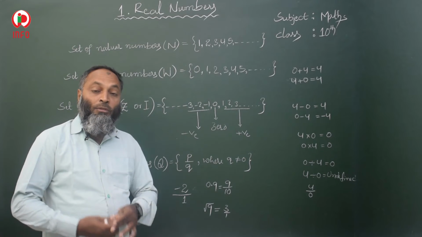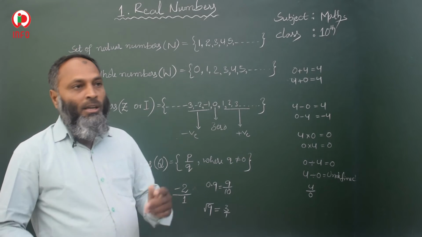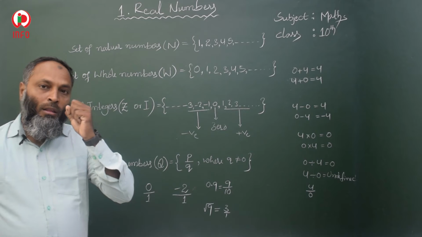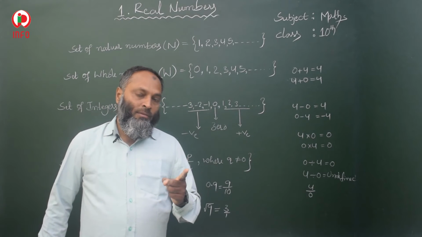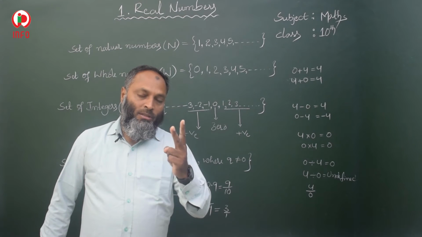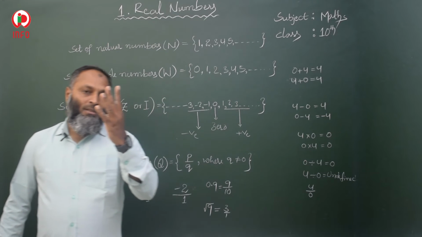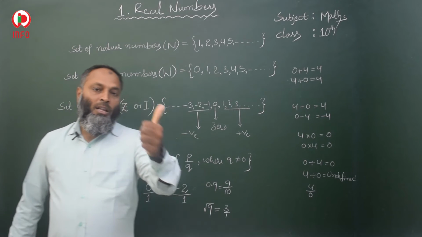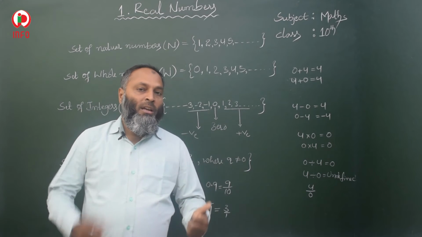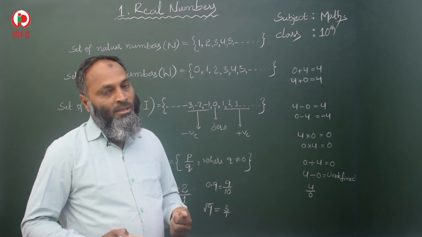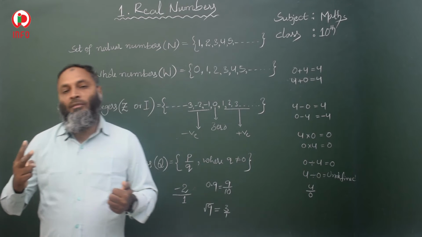So what types of numbers are rational numbers? All natural numbers, all whole numbers, all integers are rational numbers. All decimal numbers, terminating decimals and non-terminating decimals, are rational numbers. Perfect square numbers are rational numbers.